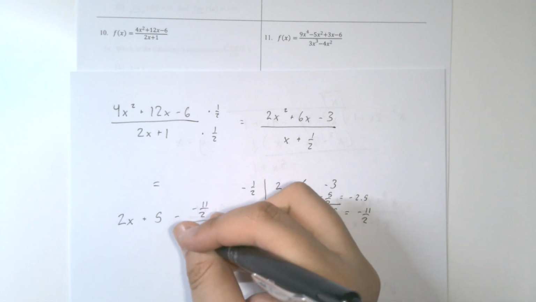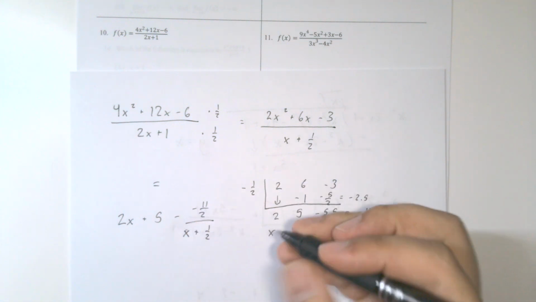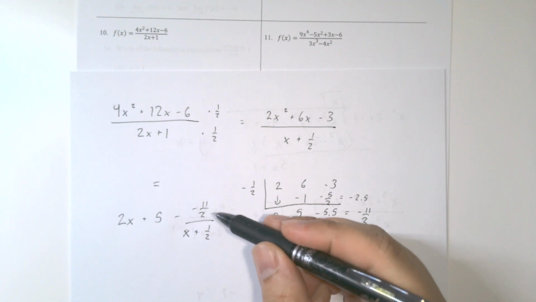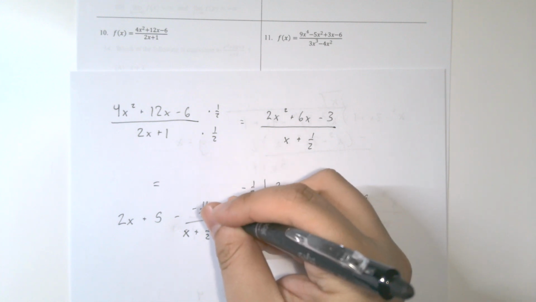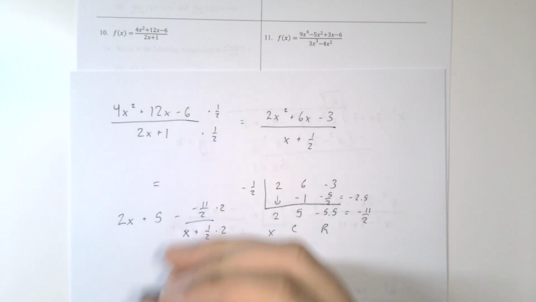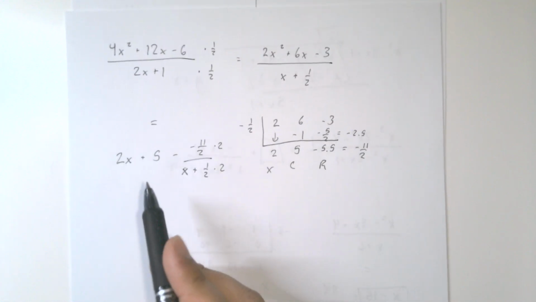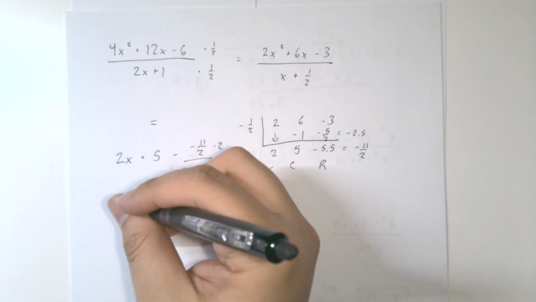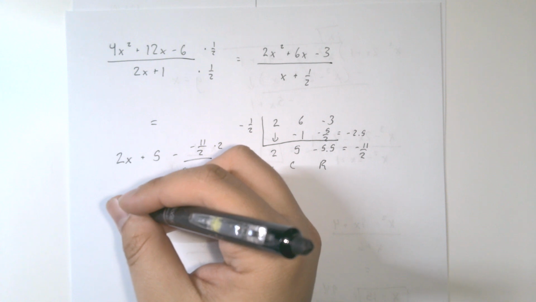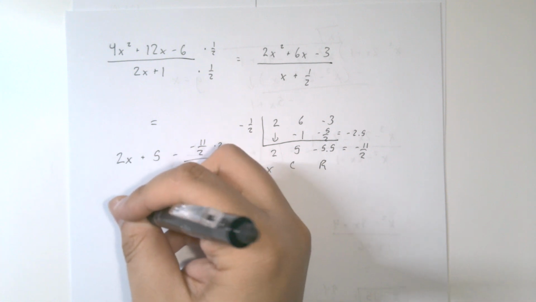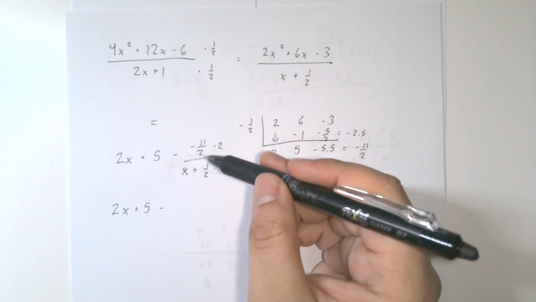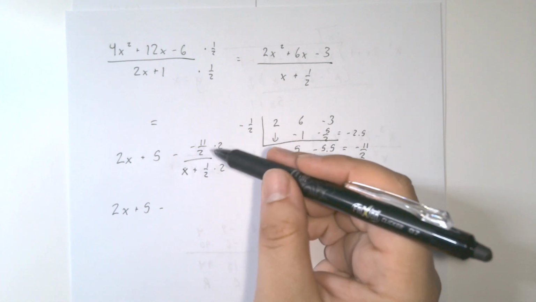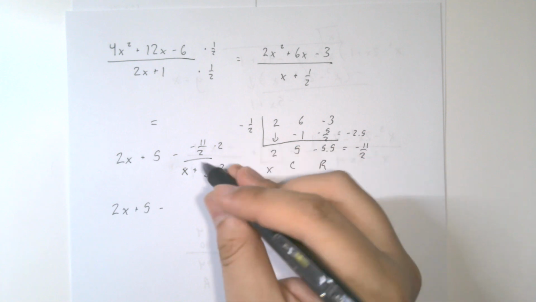So x plus 1/2. However, because this is terrible looking, we have fractions in our fractions, and we don't like that, we can multiply both top and bottom by 2. We have for our answer 2x plus 5 minus -11 over 2 times 2.